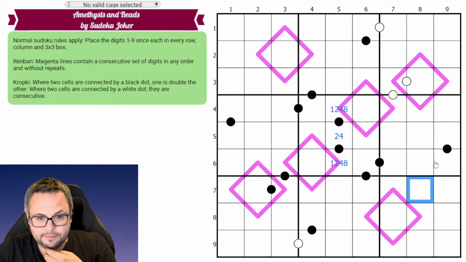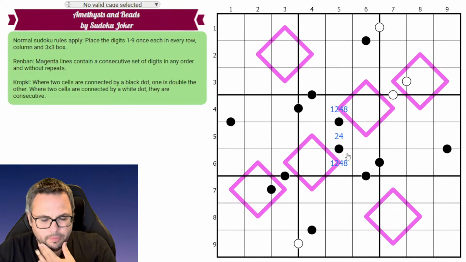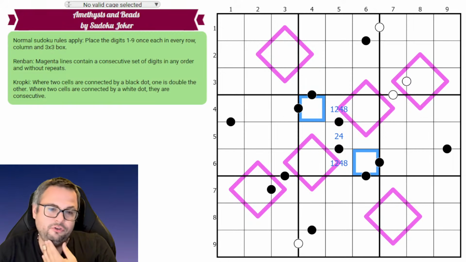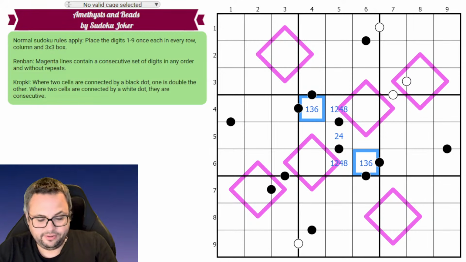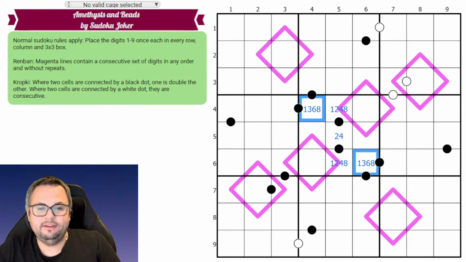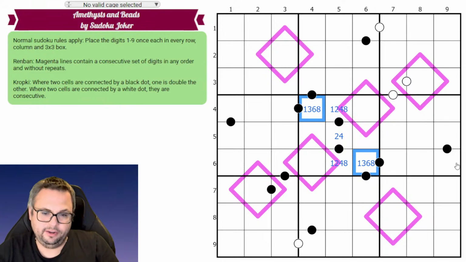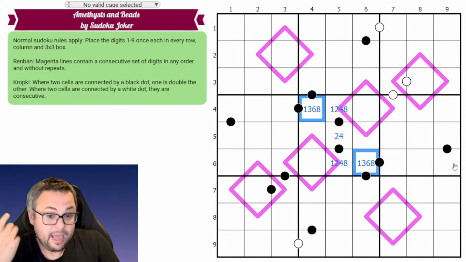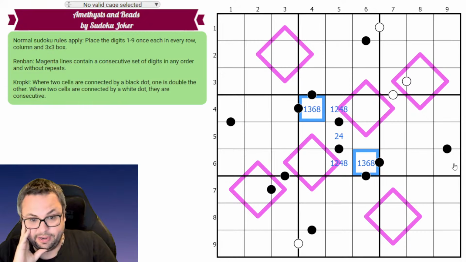Let's see. Yeah, these aren't 2, 4, so these are like 3, 6, 1, 8. I was trying to decide if I knew for sure they were 3, 6, but I don't think I know for sure they're 3, 6. Obviously, one of them at least is 3, 6. But I don't know.